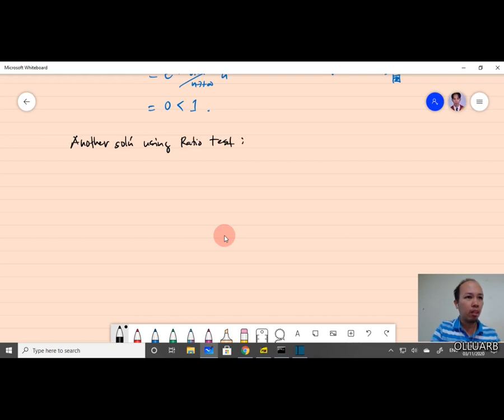Okay, so again we let a sub n be equal to e to the 3n over n to the n, and clearly a sub n is non-zero for all n greater than or equal to 1.